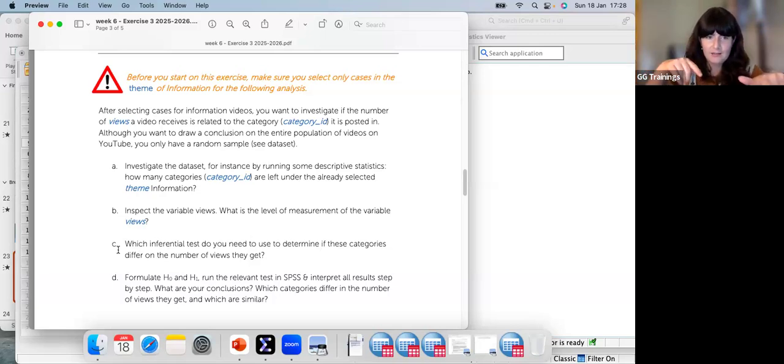So that in C, when they ask which inferential test of significance you need to use to determine if these categories differ on the number of views they get, they're asking: do these 4 categories differ on the number of views they get? That's a typical ANOVA. Is that clear?